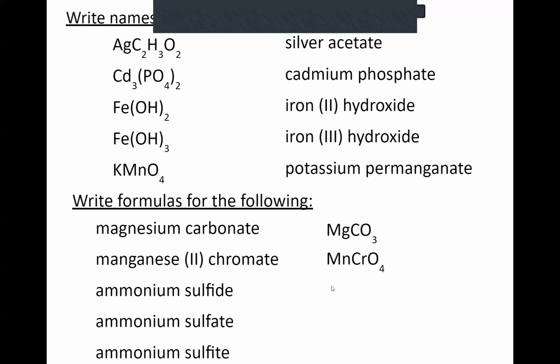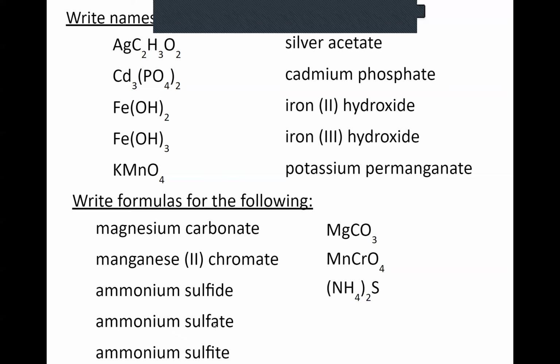Well, guess what? We need 2 ammoniums to cancel out the charge of just 1 sulfur atom in this case. So we're going to put open parentheses NH4, that's ammonium's formula, outside the parentheses 2 to indicate that we need 2 of them, and then just plain S to indicate that sulfide ion's formula is just S.